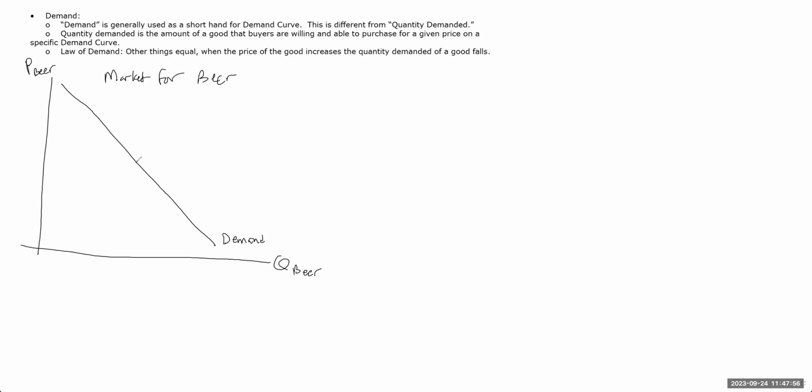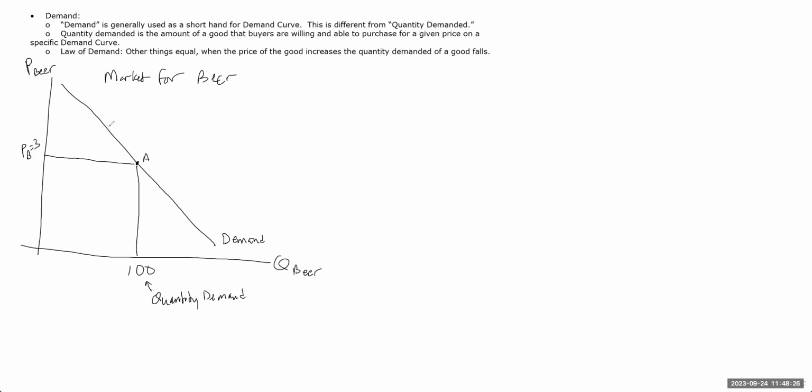So at point A, at a given price of beer of $3 a can, the market wants 100 cans. This is an example of quantity demanded: the quantity demanded when the price of beer is 3 given this demand curve.